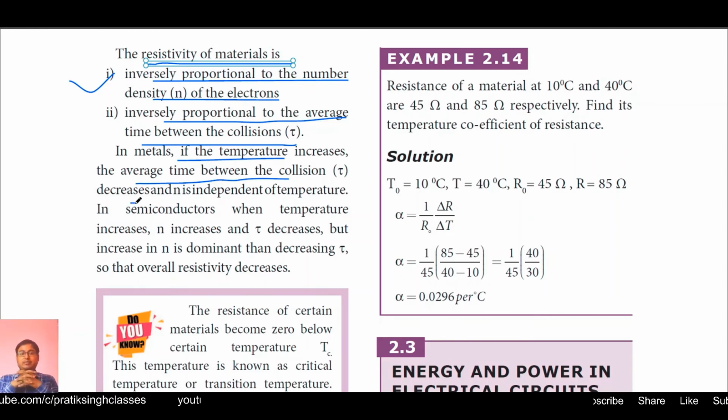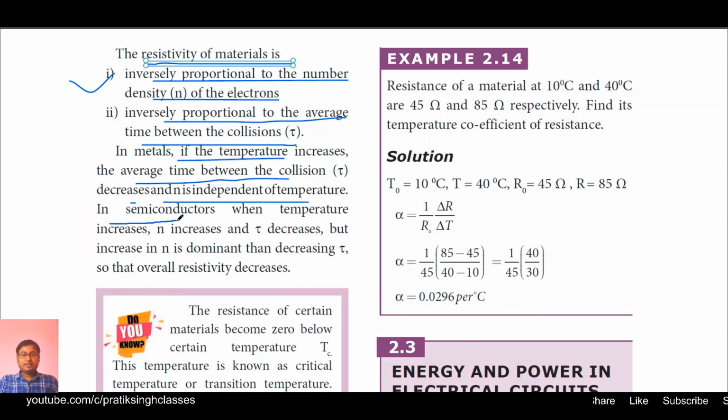When the temperature increases, the collisions of free electrons with neighboring atoms become much higher. In that situation, the average time between two successive collisions will decrease. Here, n is independent of temperature.